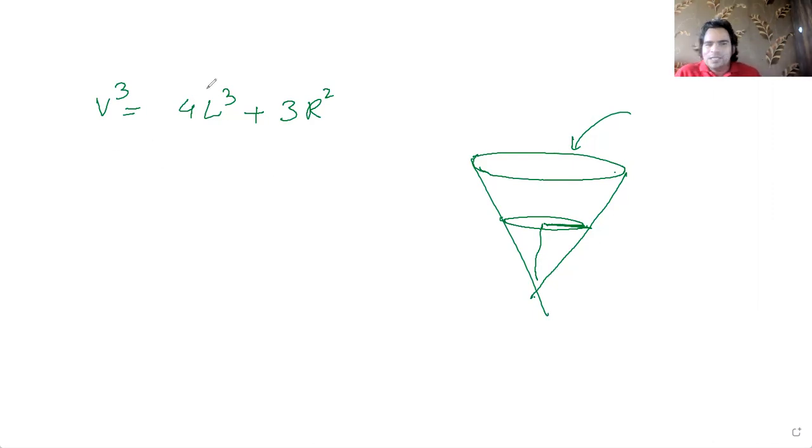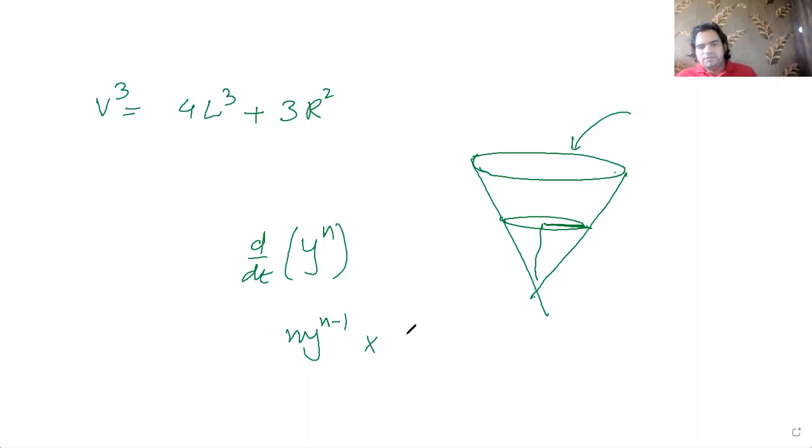When you're doing related rates in the case of implicit functions like this, once again do normal derivatives. Suppose you have a function y to the power n, like how you do normal implicit differentiation. If you're differentiating with respect to time, do the normal derivative, n y to the power n minus 1, times dy by dt.